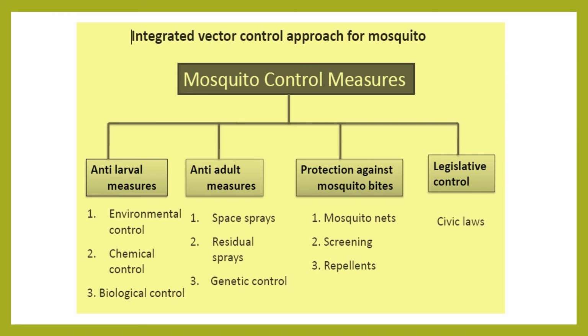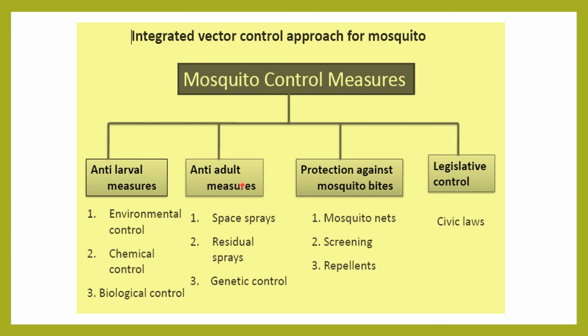See, this is the best example of integrated vector control approach for mosquitoes. Here, the mosquito control measures, instead of using only one method, we are using these many methods for control of mosquitoes that we have seen already in the entomology lecture. So we are using anti-larval measures, in that again environmental control, chemical control and biological control we are using.